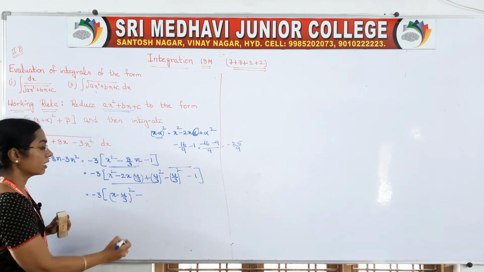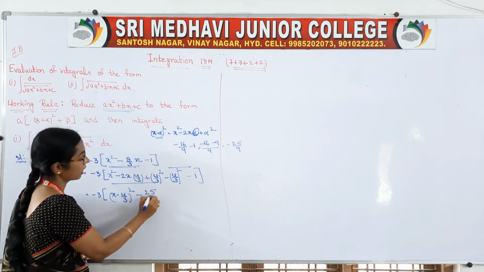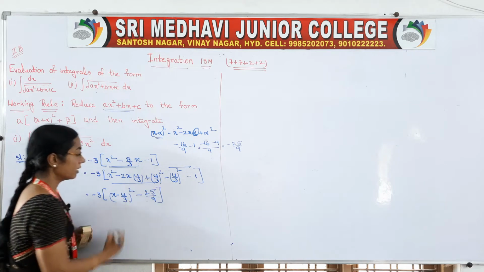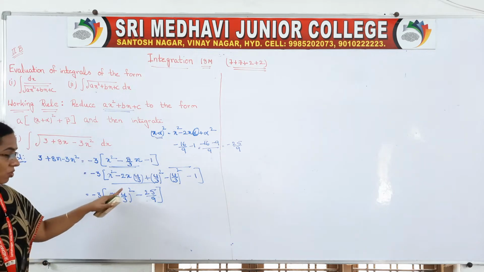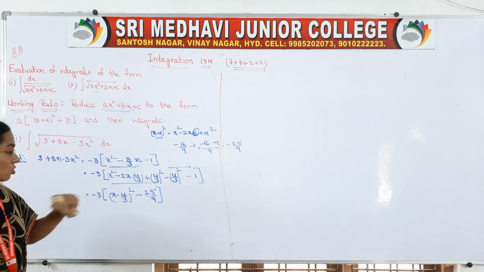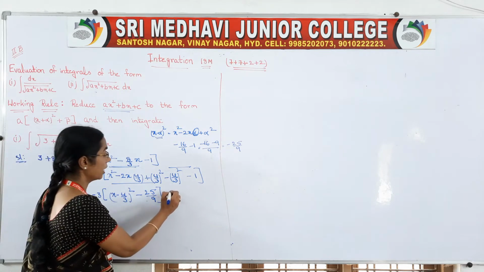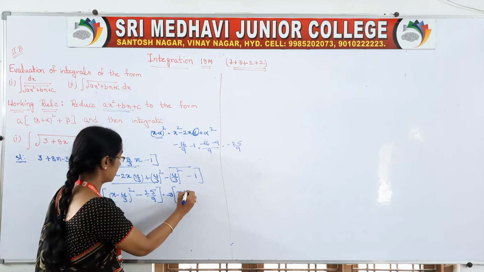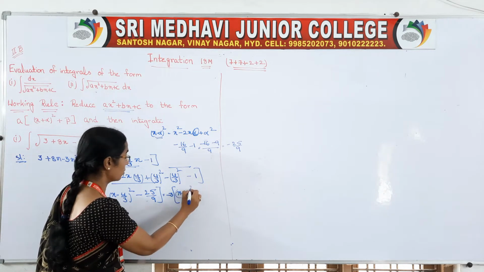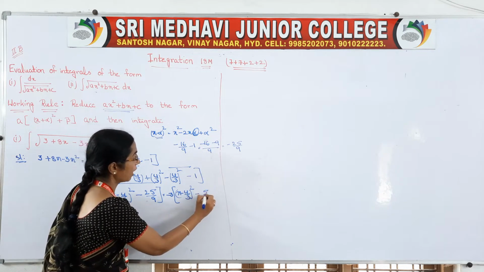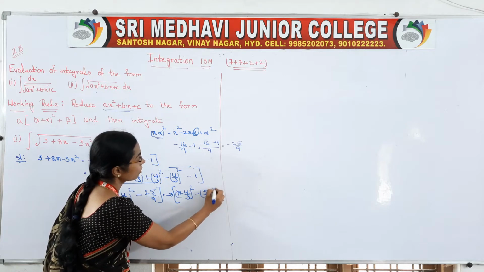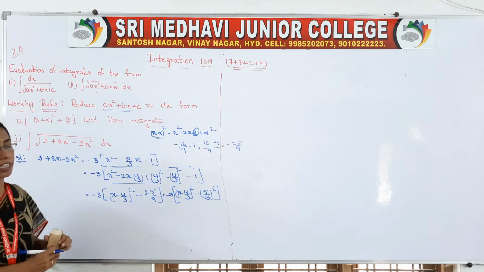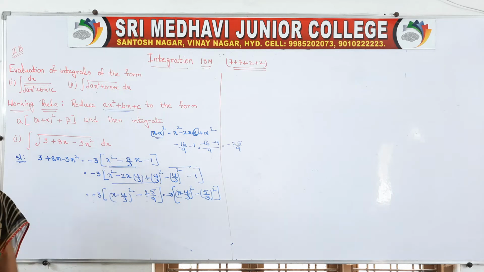So first step you write down minus 25 by 9, then try to write that also in terms of square. This is in terms of square, no? So try to write that also in terms of square. So minus 3, x minus 4 by 3 whole square minus 5 by 3. Can we write 25 by 9? Definitely we can write it as 5 by 3 whole square.